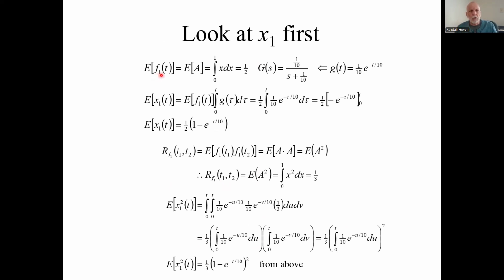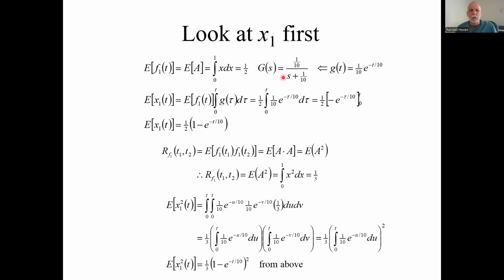The first input was just this A, which had a uniform distribution. What's the expected value of that thing? Well, it goes from 0 to 1, so here's that mean. And we can get the weighting function from a Laplace table.